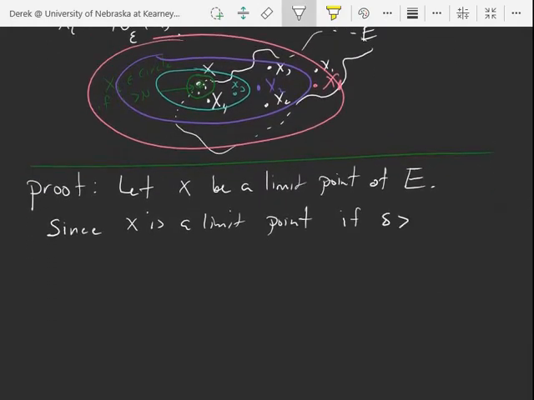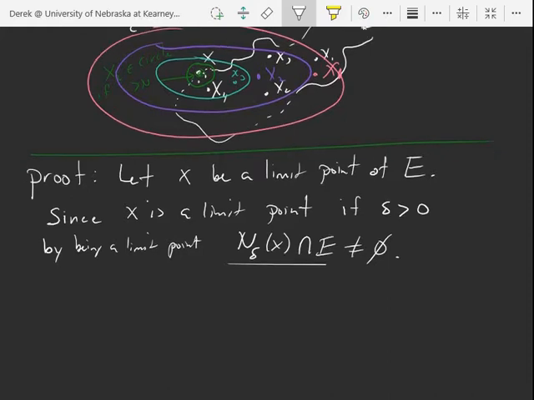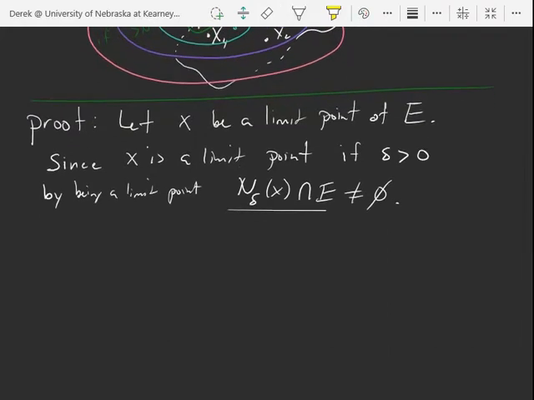So if delta is bigger than 0, by being a limit point, the neighborhood of size delta around x intersected with E is not equal to the empty set. So there's stuff inside this intersection, right? Let's take stuff inside that intersection.